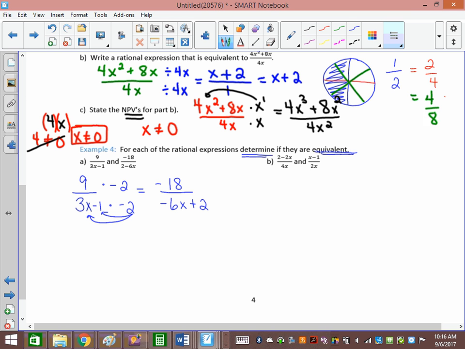We have negative 18, negative 18. We have negative 6x. We have negative 6x. We have a positive 2. We have a positive 2. So they're equivalent. So they have to be the same number, same sign. Same in the top, same in the bottom. Okay? You guys try B. See how you do.